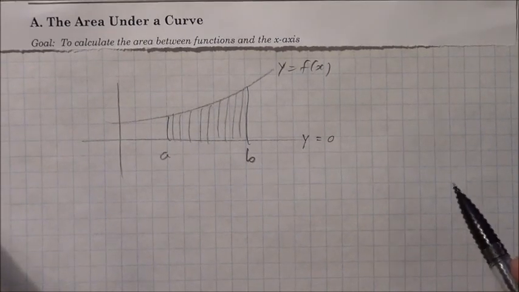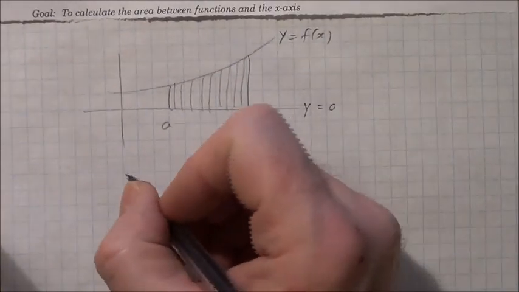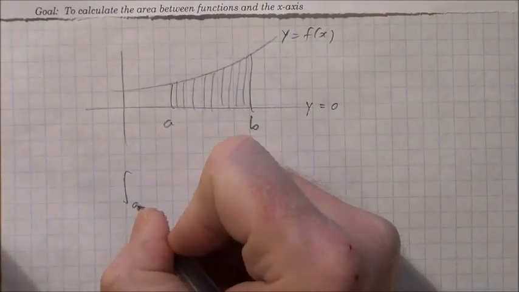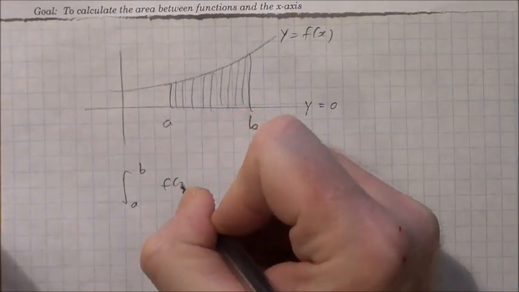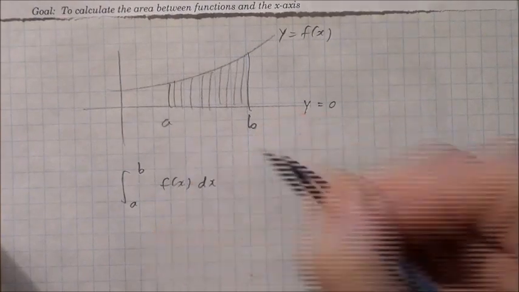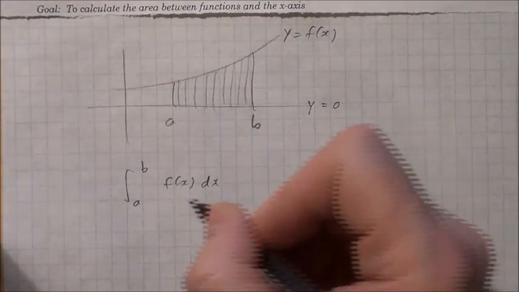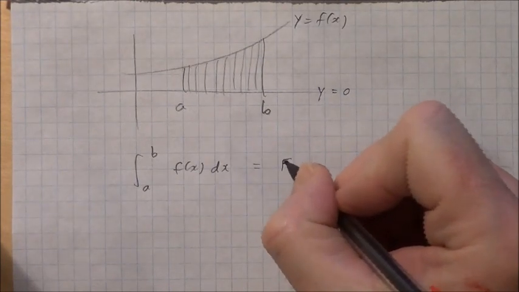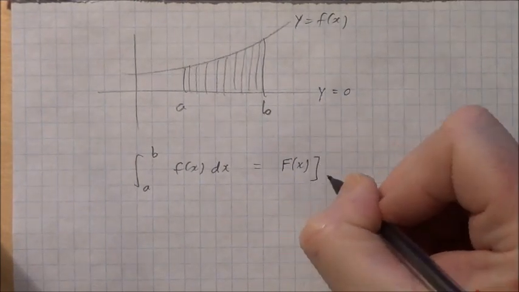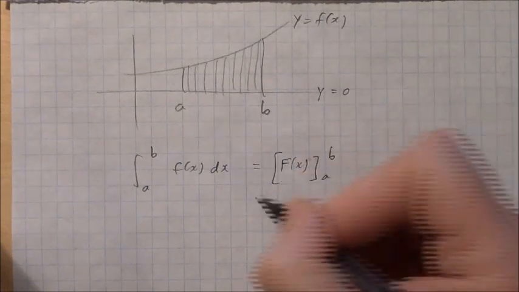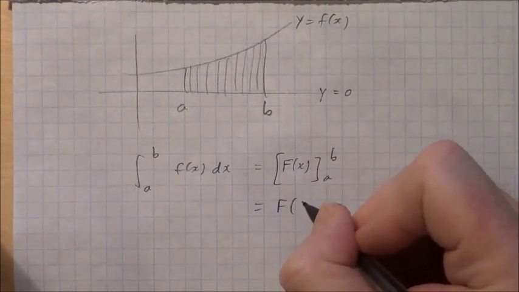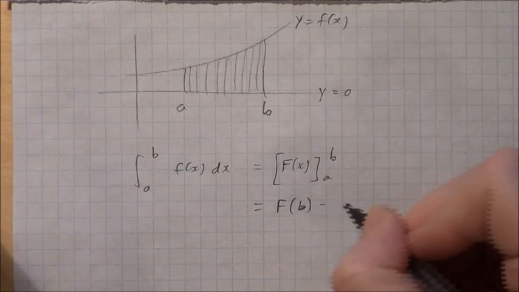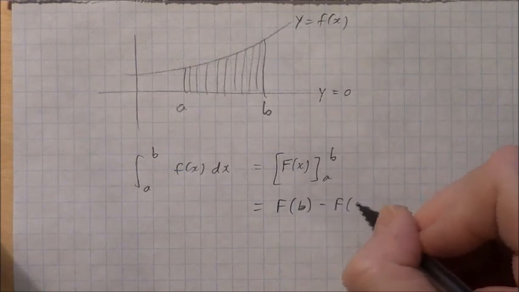So when we're finding the area under a curve, we're finding the definite integral from a to b of f of x dx. And that can be evaluated as uppercase F of x between a and b, and that just tells us it's uppercase F of b minus uppercase F of a.